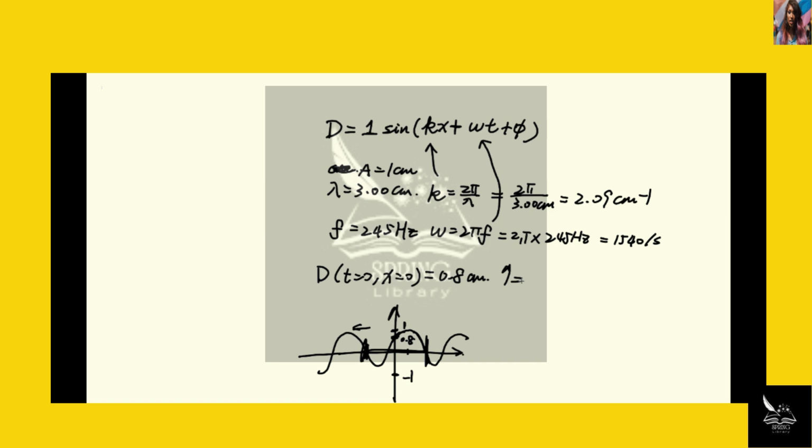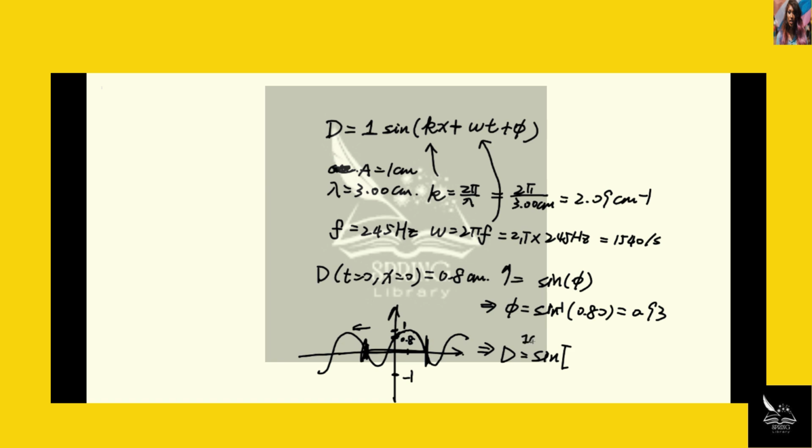And it also equals, when x is 0, 1 centimeter times sine phi. So phi is arc sine of 0.80, which equals 0.93.